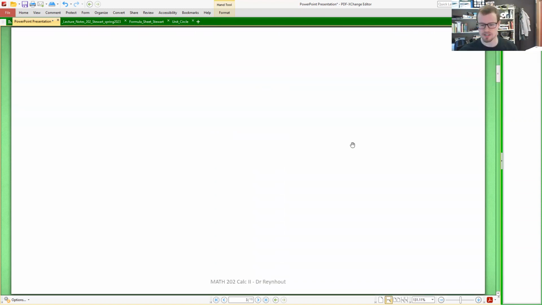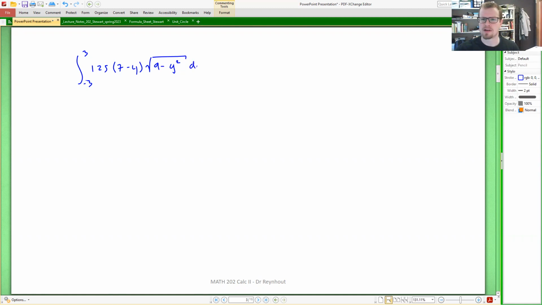So I want to try to present the details on calculating the integral from -3 to +3 of 125 times (7 minus y) times the square root of 9 minus y squared dy. The first thing I'm going to do is separate this integral a little bit.